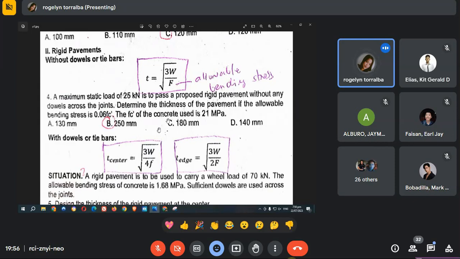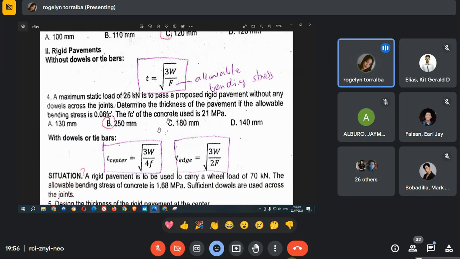Of course, we have the governing equation: T is equal to the square root of 3W over F, or 3 times weight over the allowable bending stress. In pavement engineering and transportation, F represents the allowable bending stress.